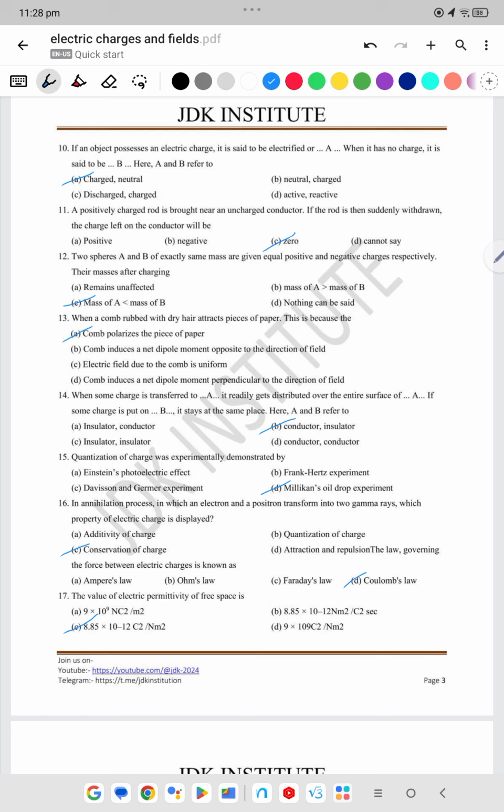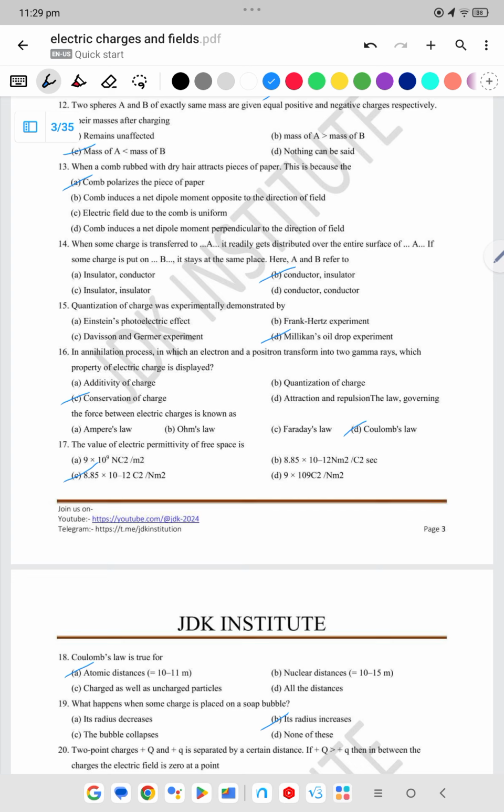Two spheres A and B, of exactly the same masses, are given equal positive and negative charges, respectively. Their masses after charging: mass A is less than mass B. When a comb rubbed with dry hair attracts pieces of paper, this is because the comb polarizes the piece of paper.